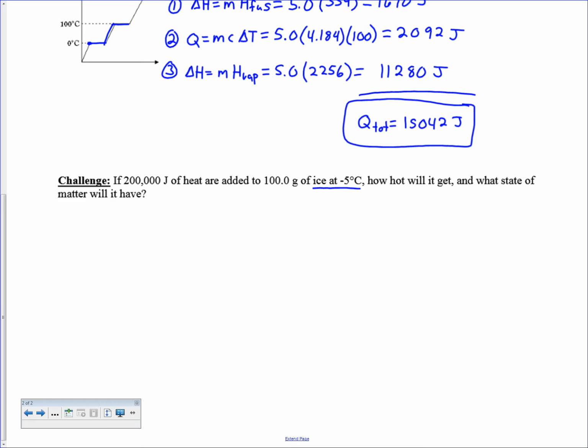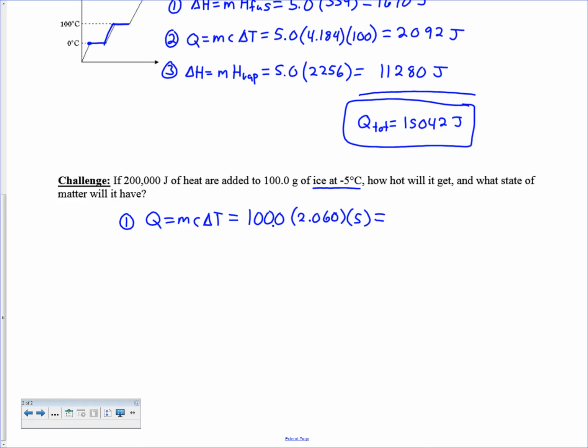So the first thing we do is we'd heat the ice up from -5 to 0 degrees Celsius. So what we have is Q equals mc delta T. That is equal to 100.0 grams times C, 2.060 for ice, times the change in temperature, just 5 degrees.